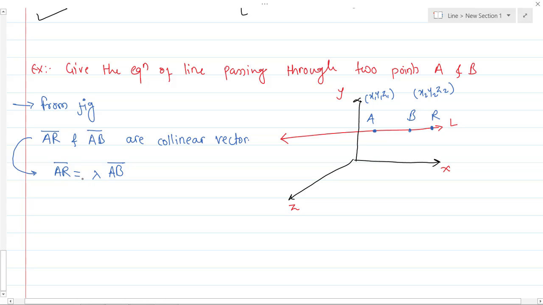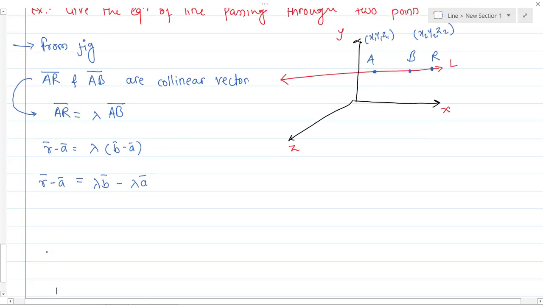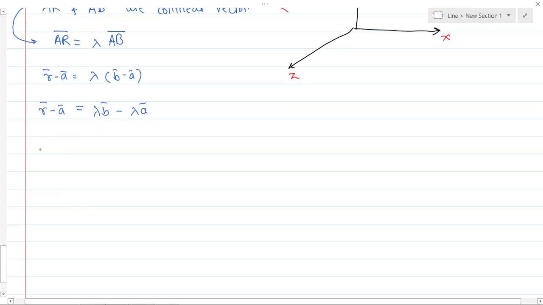So if I open this, what I will get? R bar minus A bar equals lambda into (B bar minus A bar). This is equal to lambda B bar minus lambda A bar. If I simplify this, R bar is equal to A bar minus lambda A bar plus lambda B bar.